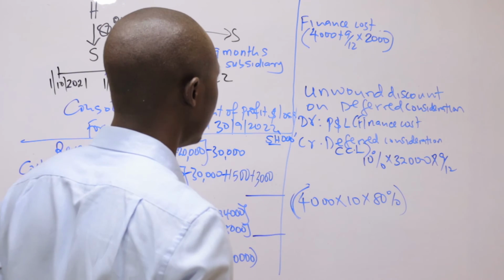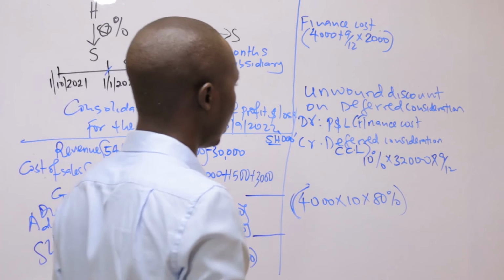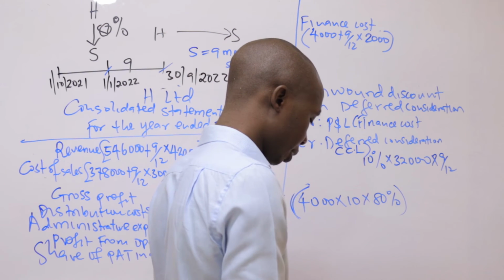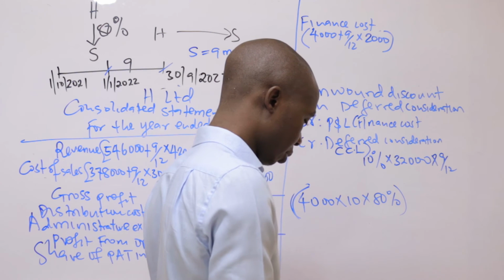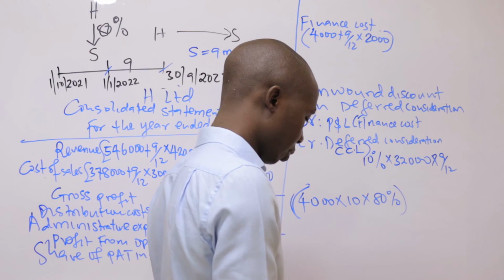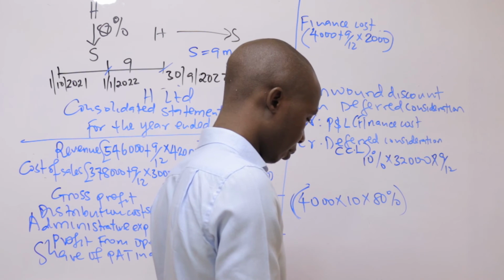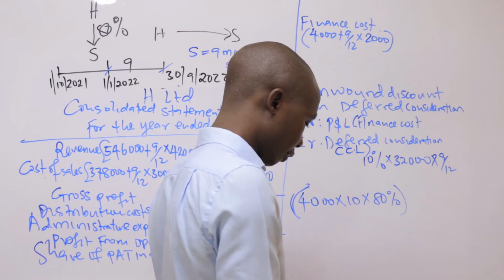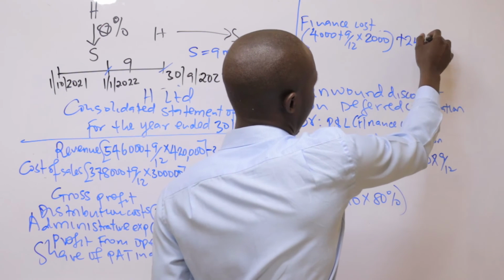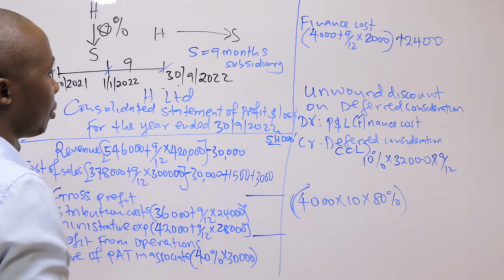That is what you debit to the income statement, and you credit deferred consideration as a liability. So 10%, that is 0.1, times 32,000 times 9/12. So I will be able to add 2,400.